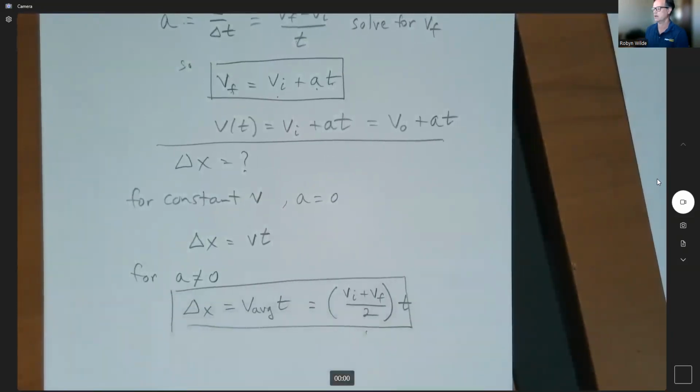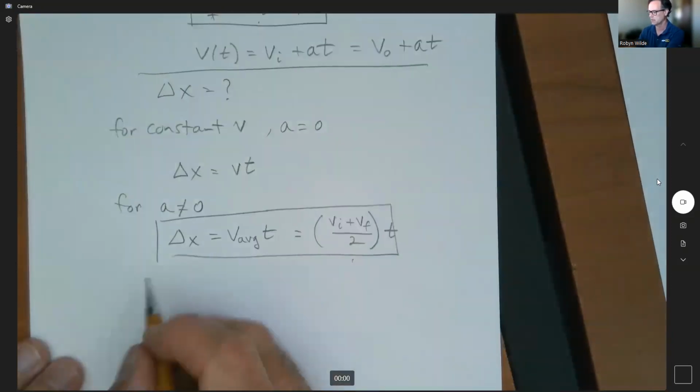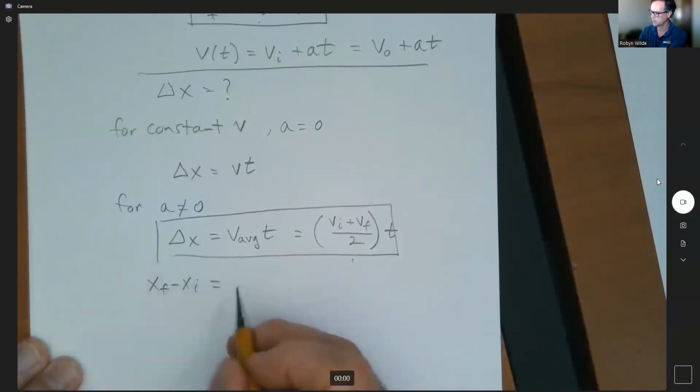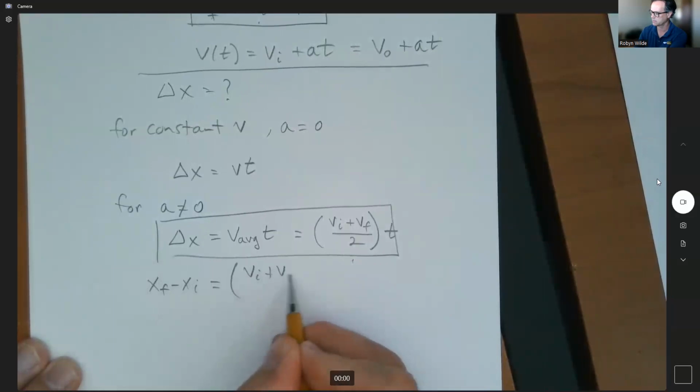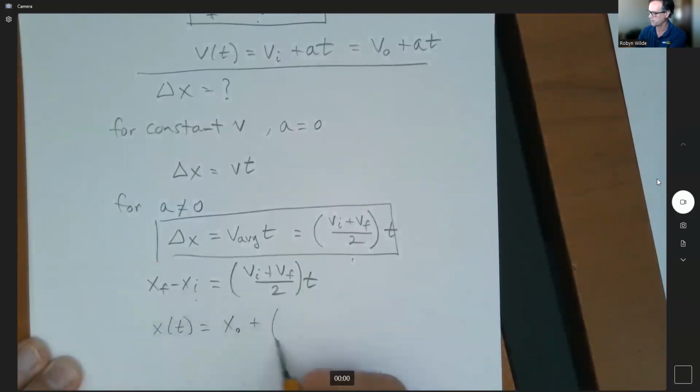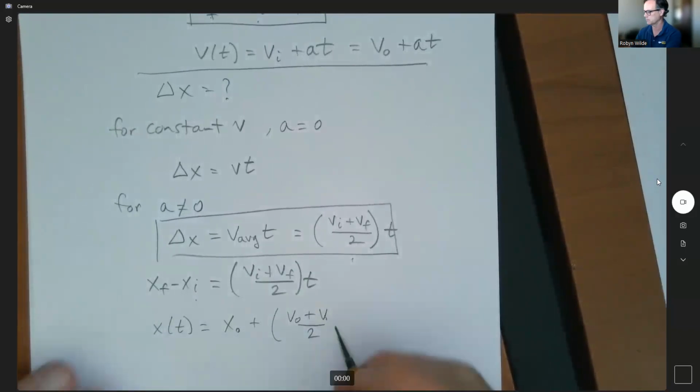And again, you might see it written different ways. In fact, delta x is really x final minus x initial. So I might write it like this. Some people will use x0. So I could also write it like this: x of t is x0, I'm bringing the x initial over, plus v0 plus v over 2, where v is my final velocity at whatever time.